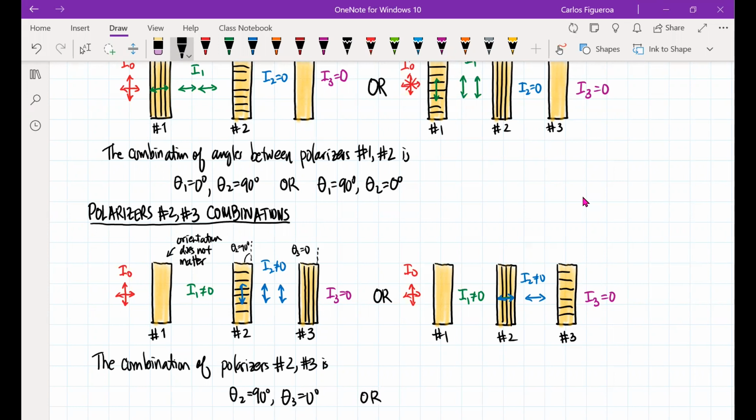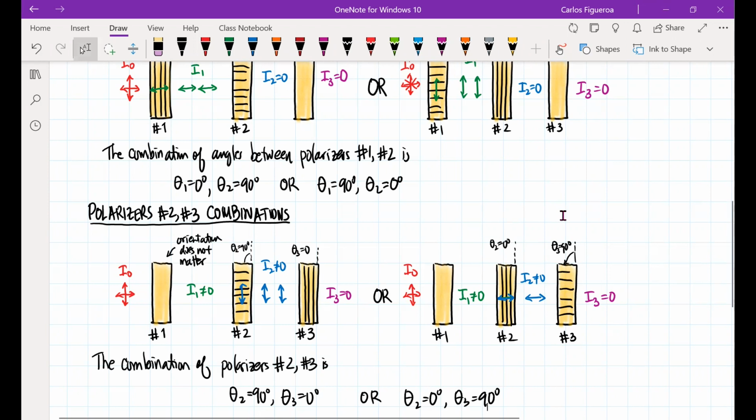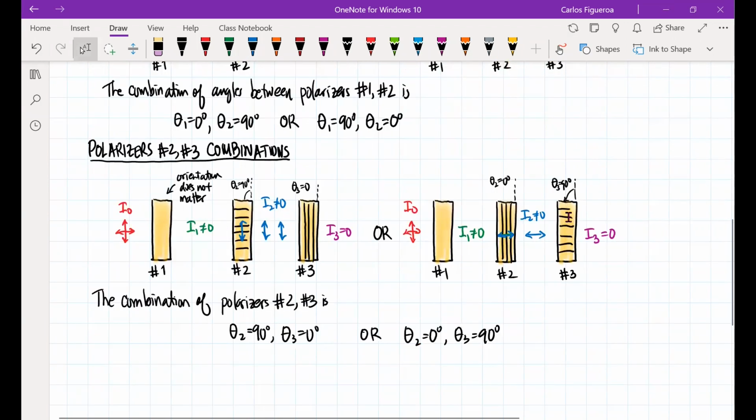Or I can choose this angle, theta 2 equal to 0 degrees, and theta 3 equal to 90 degrees. So then this case will be theta 2 equal to 0 degrees and theta 3 equal to 90 degrees. So now, what combination? Well, if you look at the combination here, I could set this up any way that I want here.